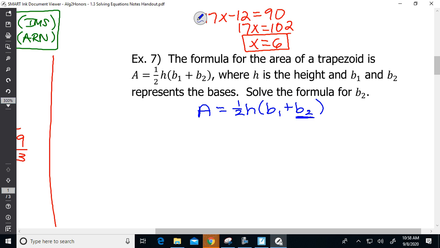So, if you solve this equation, I've got parentheses, so what could I do first? You see parentheses, they can't stay there. So now, this is what you have.